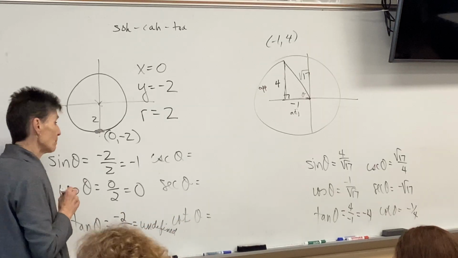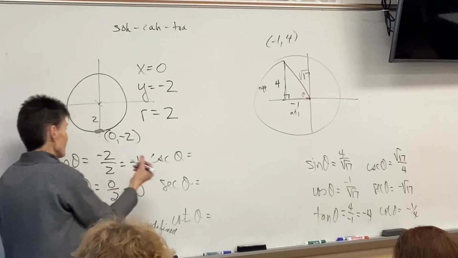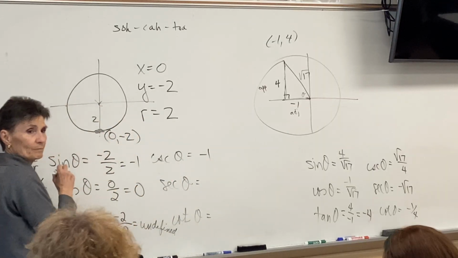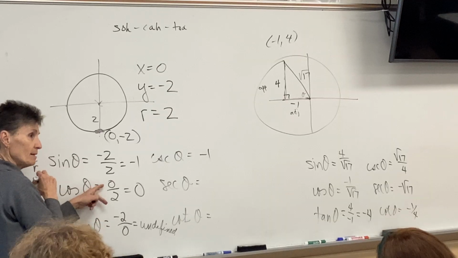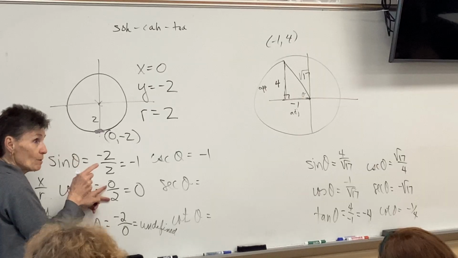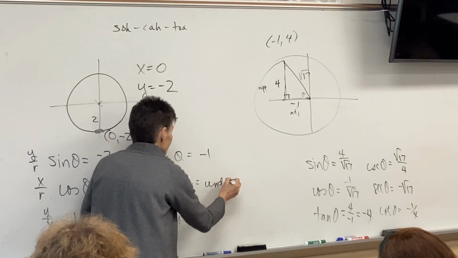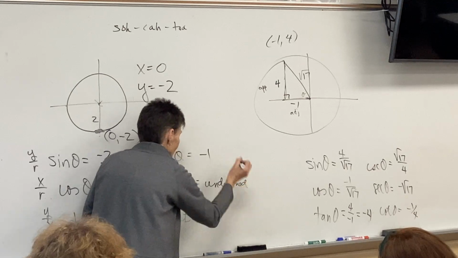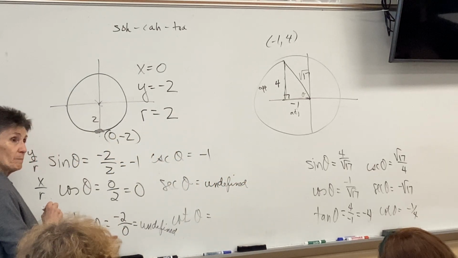Now what about the reciprocals? Well, what happens when I flip the sine? I still get -1. But what happens when I flip the cosine? I get 2/0, which is undefined. Remember that? And then, be careful here, what happens when I flip this?